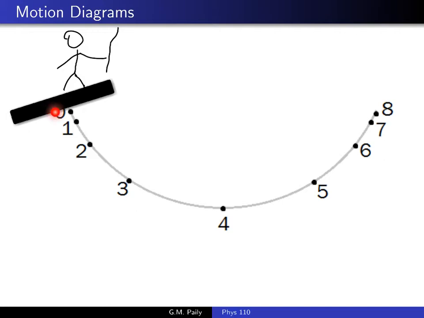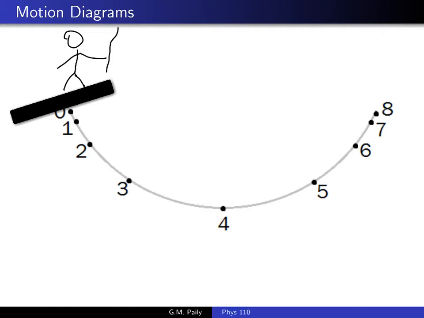When Tarzan starts, since he has just stepped off the branch, his velocity is pretty small, and thus the spacing between the dots is pretty small. But as he swings down, the spacing and the velocity grow larger, and then as he swings back up again, they grow smaller again.